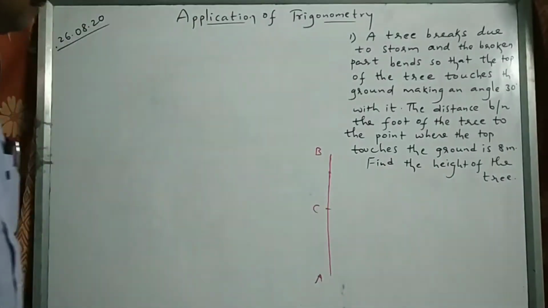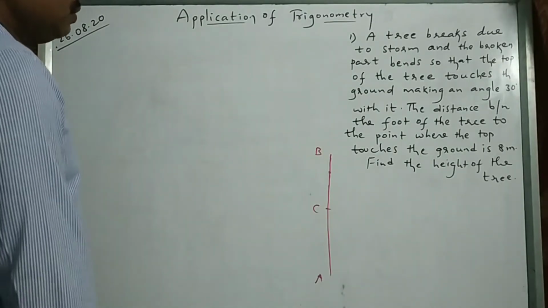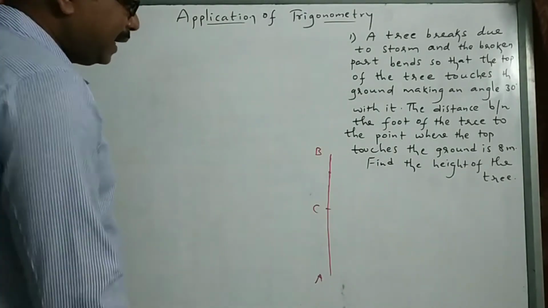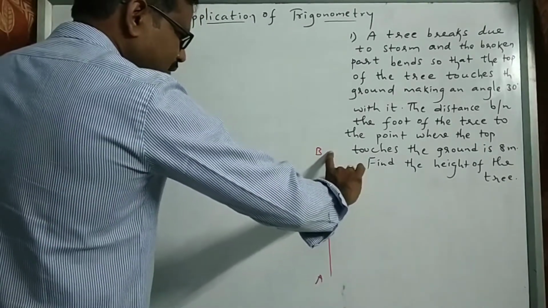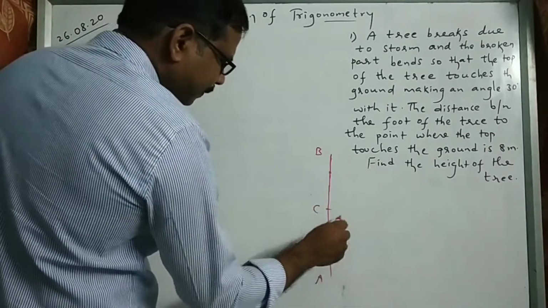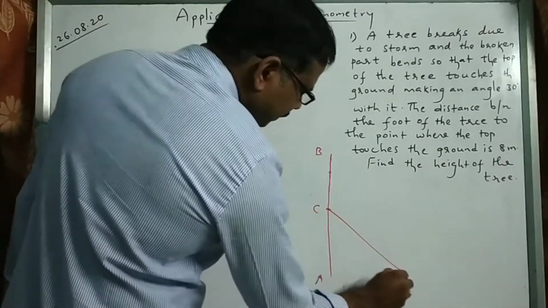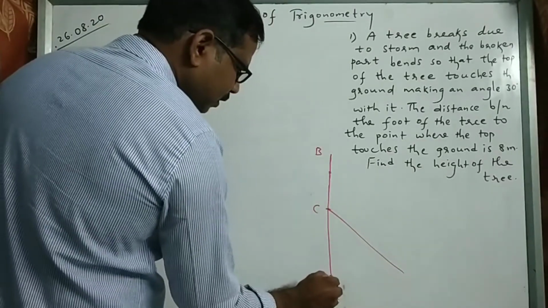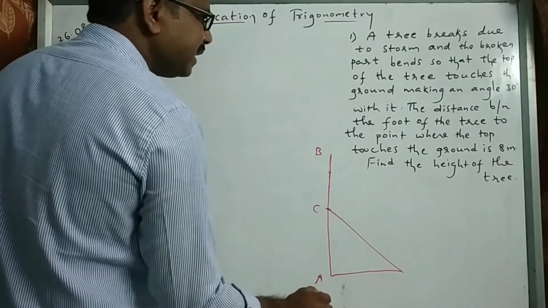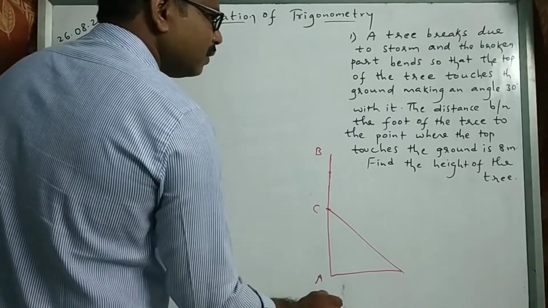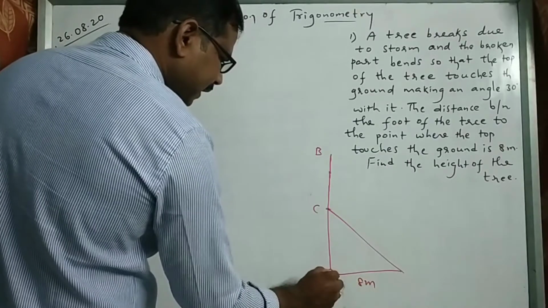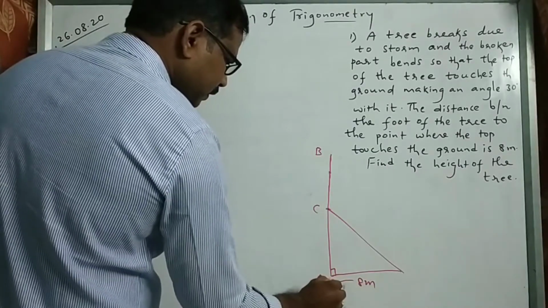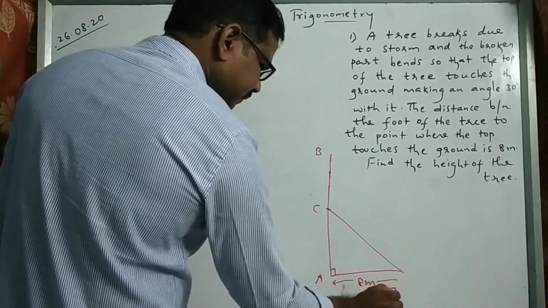BC part has been broken due to storm and bends like this. So this is the broken piece. So it comes like this, right? So it comes and touches the ground at a distance of 8 meters from the foot of the tree. So this distance is 8 meters.